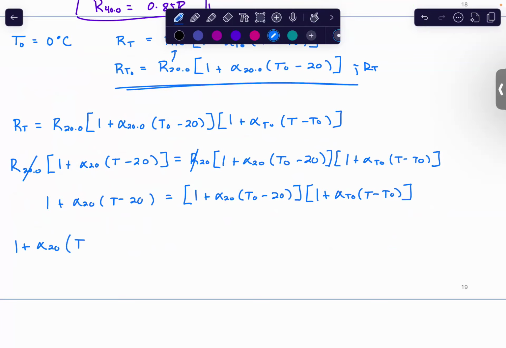And here I'm going to have T minus T0 plus T0 minus 20. And this will actually work out to make things quite a bit easier on us. I chose this route over factoring the right side. But if you're a stickler and you really want to foil the right side, you go for it.